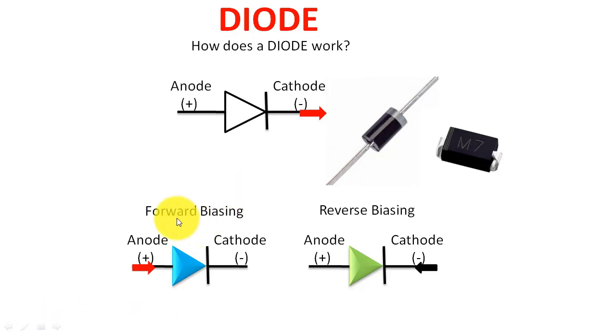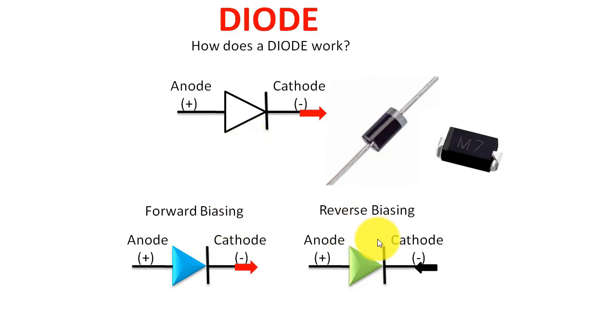This is forward biasing. I discussed before that in forward biasing the positive point passes from anode to cathode. This is called forward biasing.